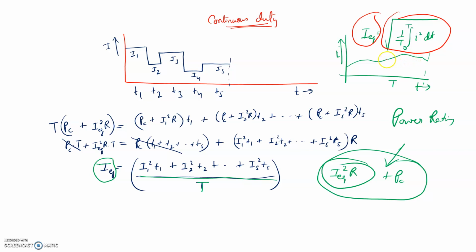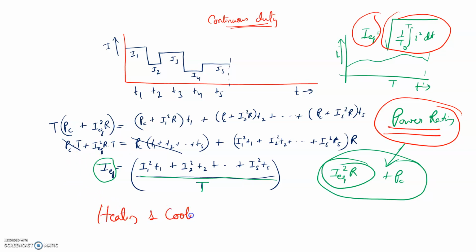The plus point of this is that from the equivalent current we can calculate the power rating required. One important point is that we are taking the assumption that heating and cooling conditions remain the same.